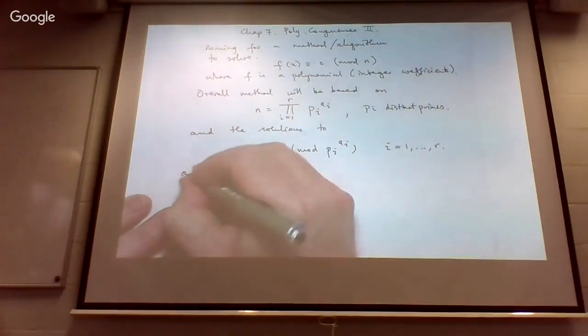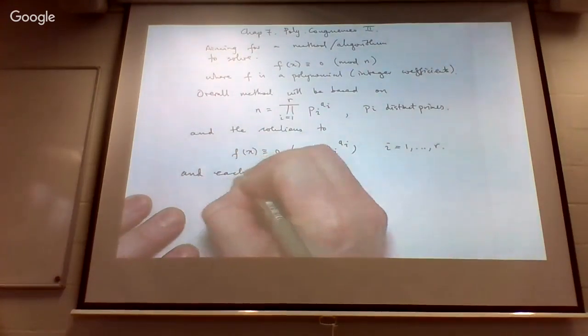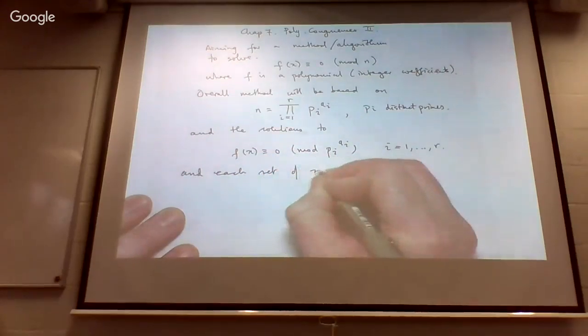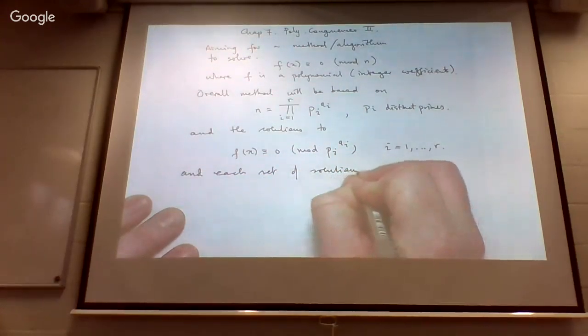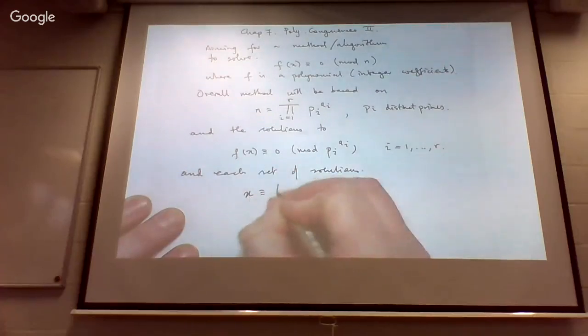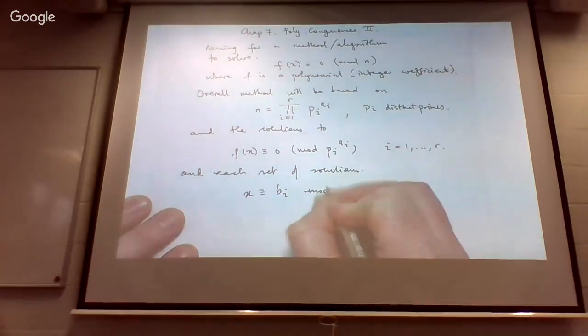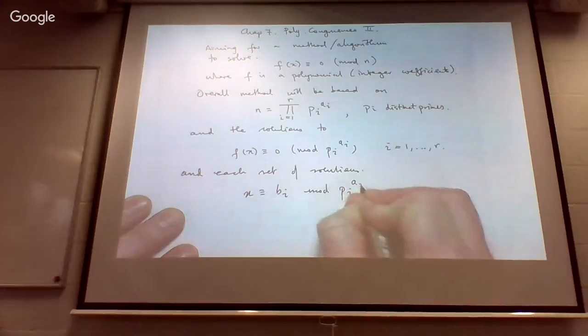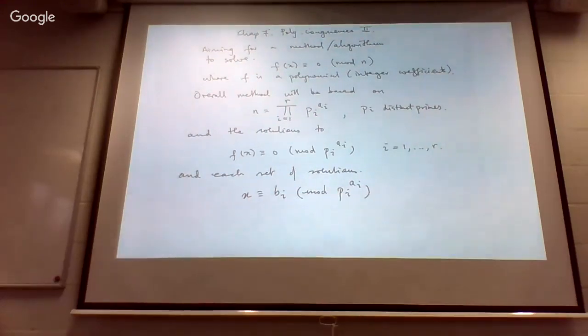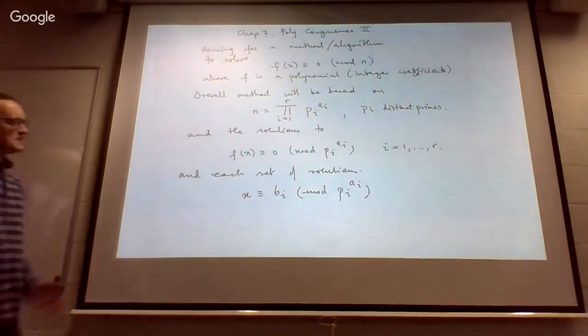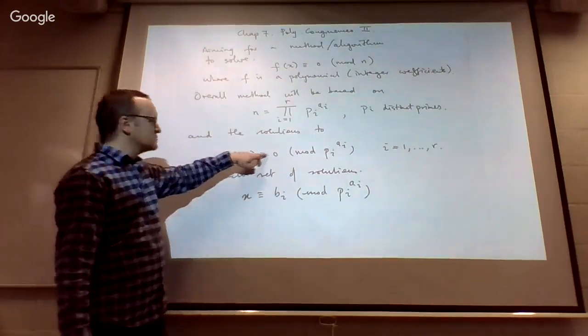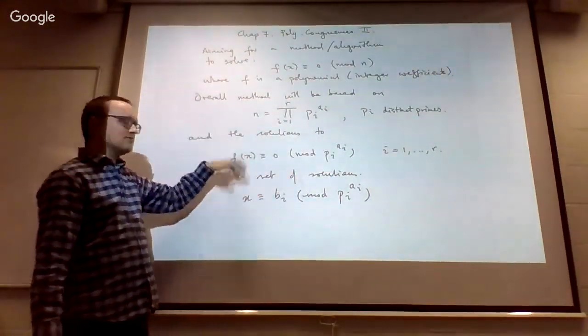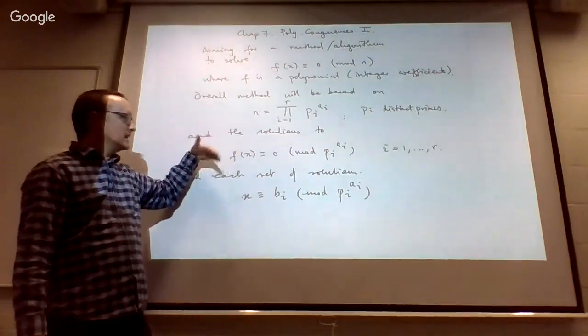So the method will be based on the prime factorization of n and the solutions to these. And each set of solutions, so you'll have x congruent to b_i modulo p_i to the a_i. Now, when I say each set, I'm talking about the fact that each of these congruences might have multiple solutions, many solutions.